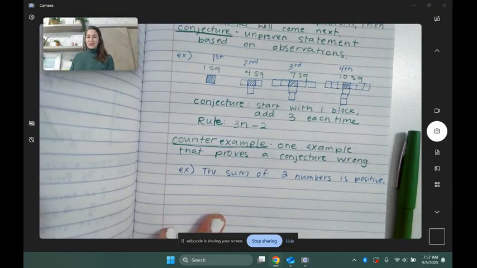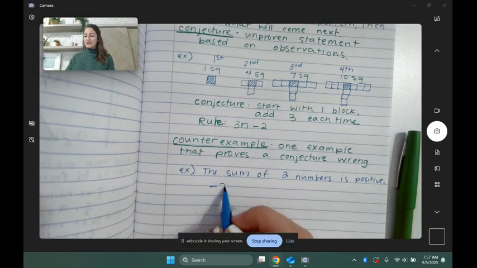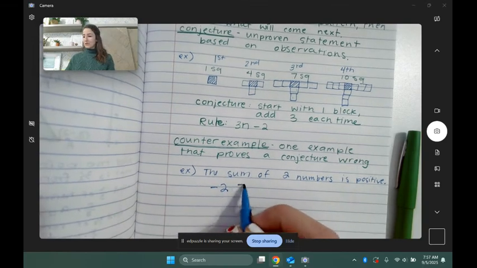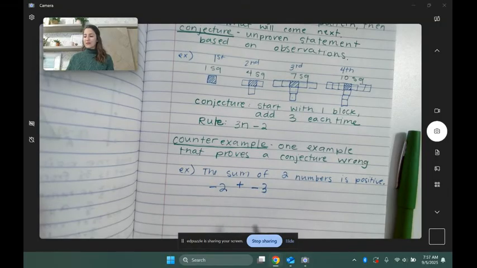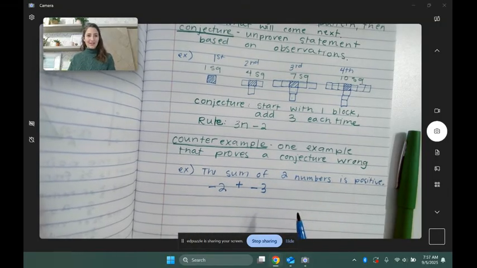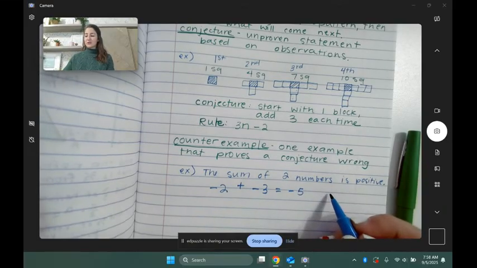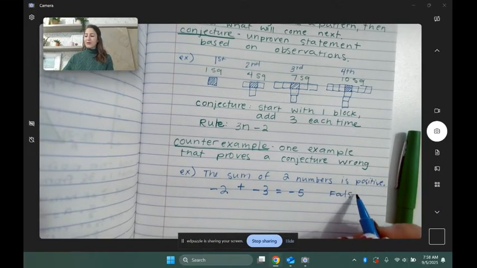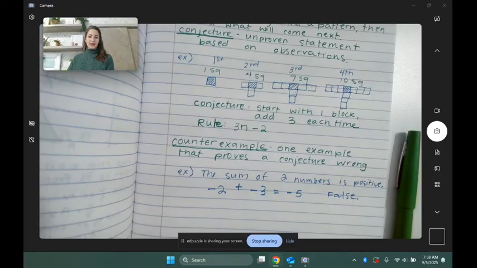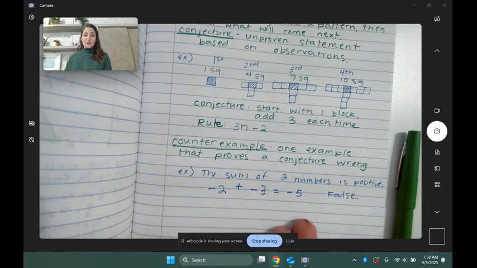Well, a counter example, what if I had -2 plus -3? Is this going to give me a positive answer? No. The answer is -5. So it was a false conjecture. And there's my counter example right there.